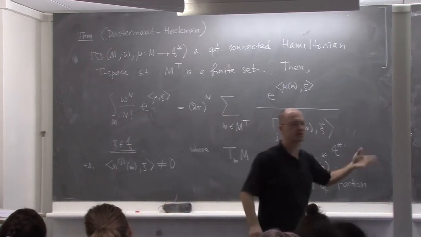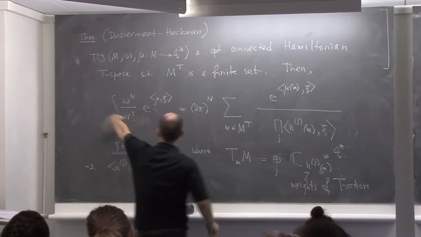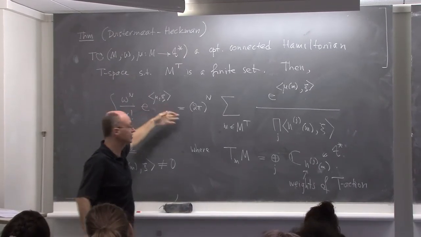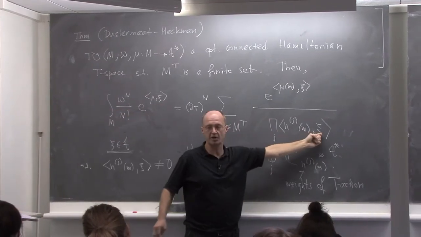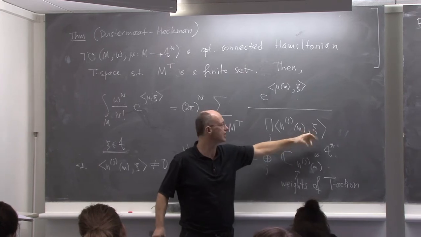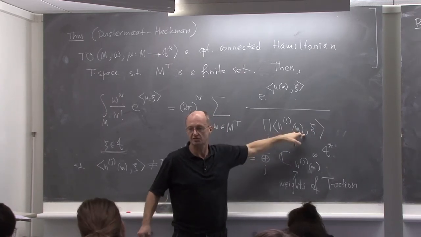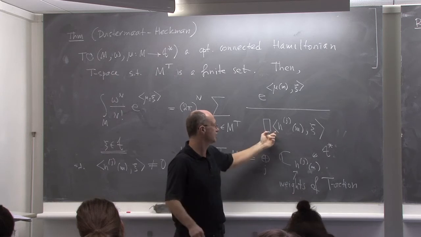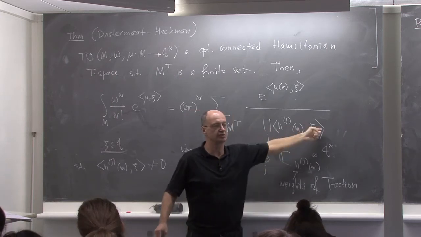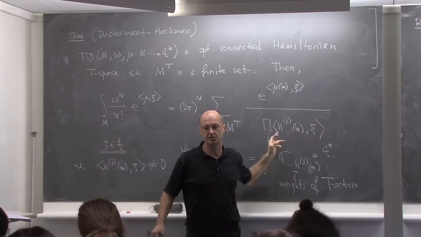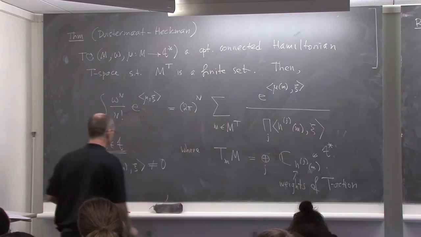So the left-hand side is very nicely defined for all psi. The right-hand side is a priori not so nicely defined because there are all these denominators which are products of linear functions. So then we require that all these linear functions are well defined, so they should be non-zero.